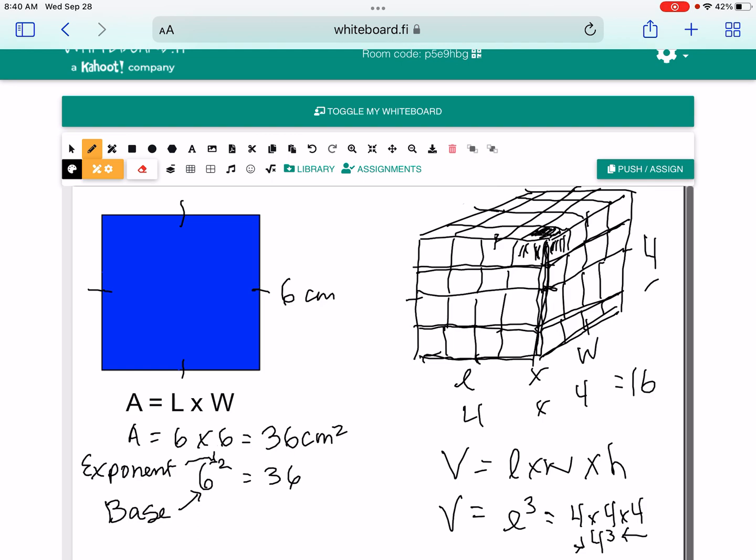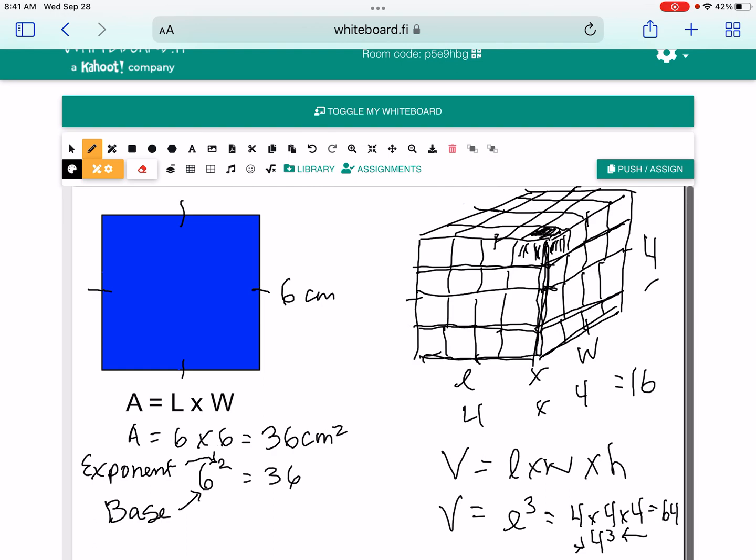It's not 4 times 3, which would be 12, but 4 times 4 times 4. And 4 times 4 is 16, and 16 times 4 is 64. If you were to assemble one of these cubes yourself, and I encourage you to do so if you don't believe me, you would find that it would take 64 cubes in order to assemble this particular structure with edge lengths of 4.